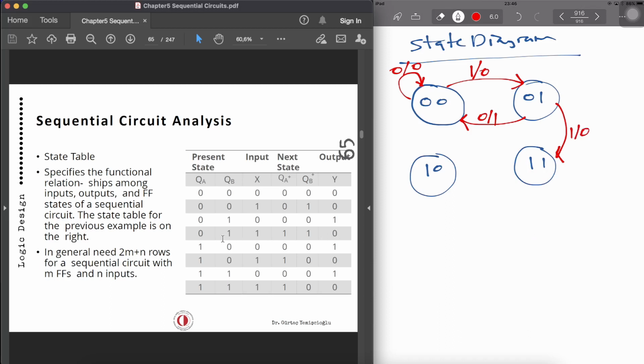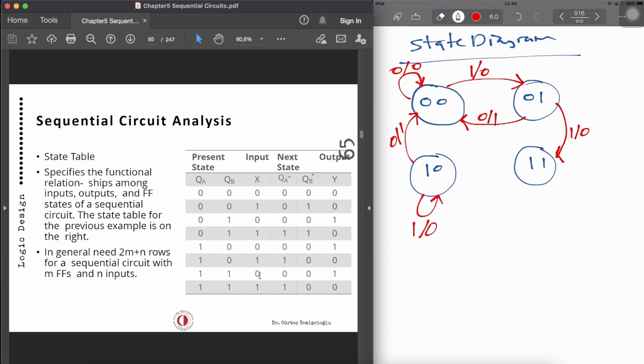When we are in 1 0, if the input is 0, I go back to 0 0, and the output is 1. 1 0, input is 1, I stay at 1 0, and the output is also 0.